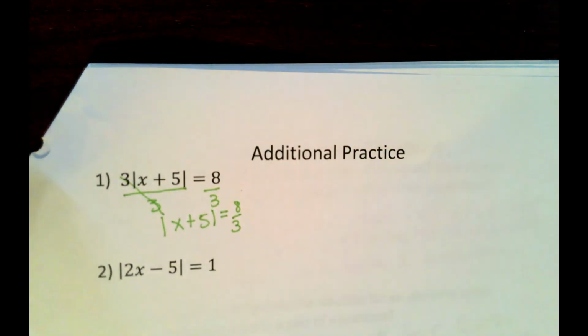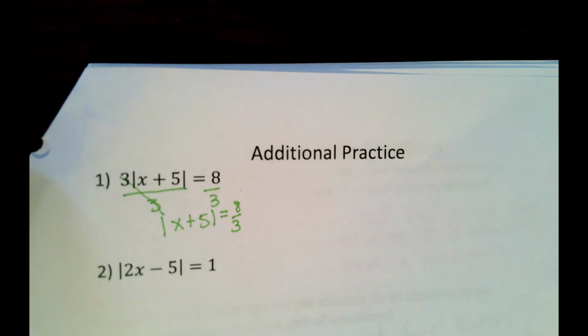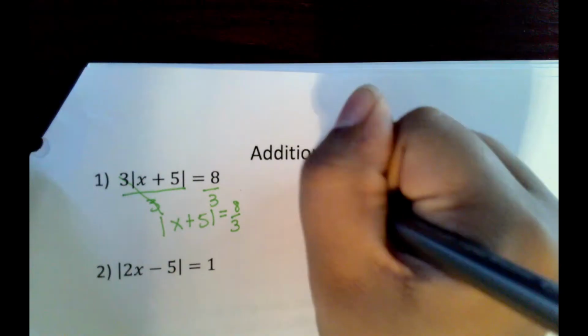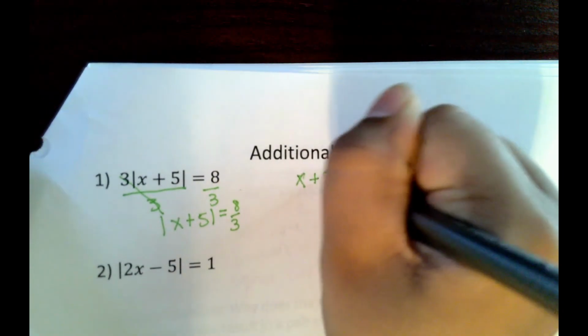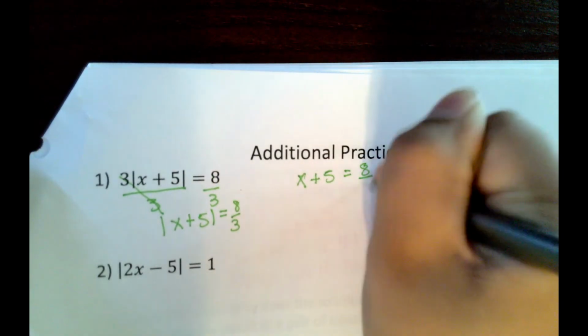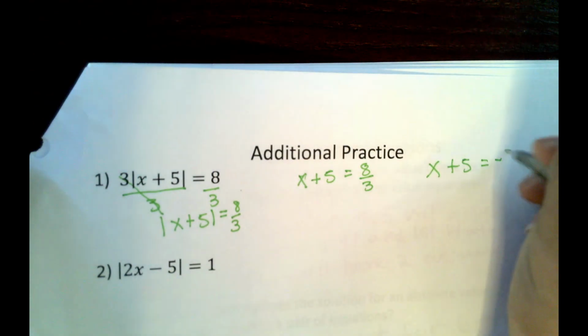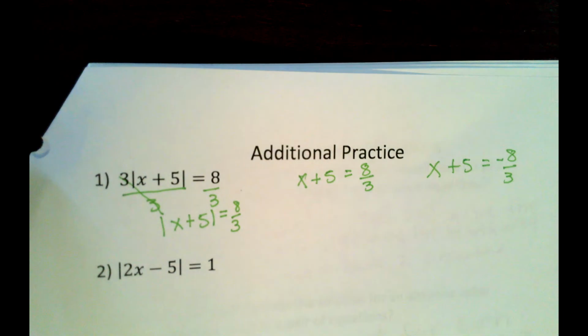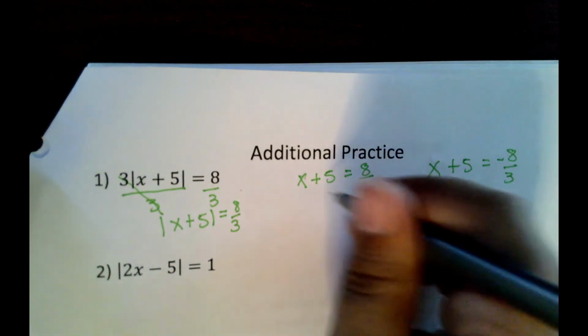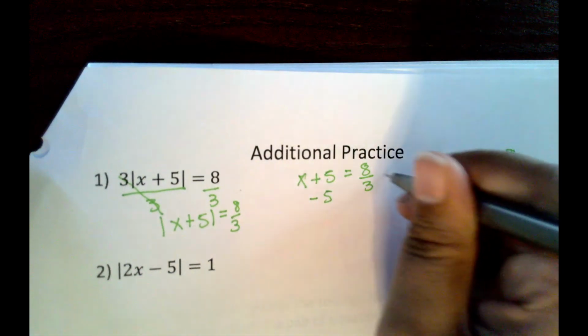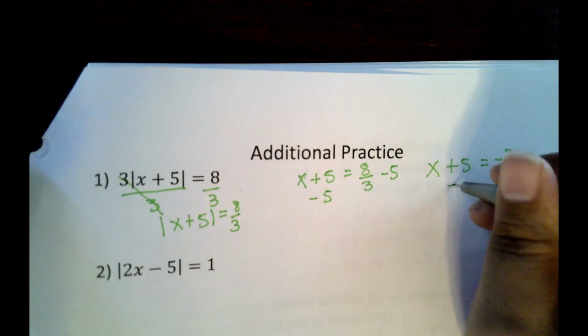Just because it's a fraction doesn't mean the rules to solve it have changed. So we're going to pull it out. We're going to go over here and do x plus 5 equals 8 over 3. X plus 5 equals negative 8 over 3. And then we're going to solve them like we usually do. We're going to subtract 5 on both sides for both of them.